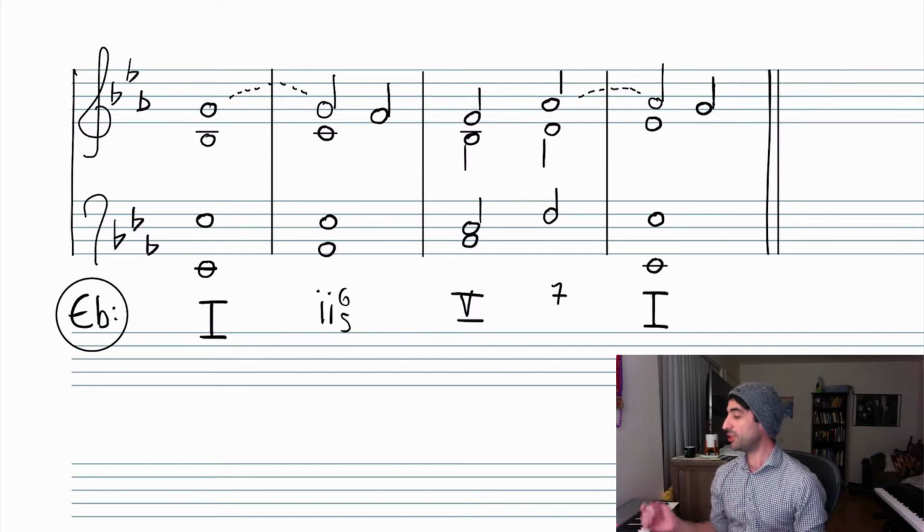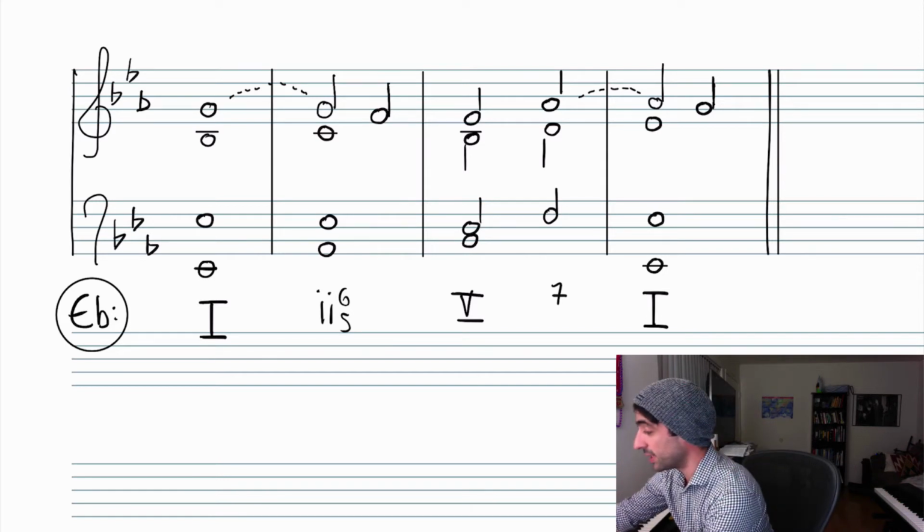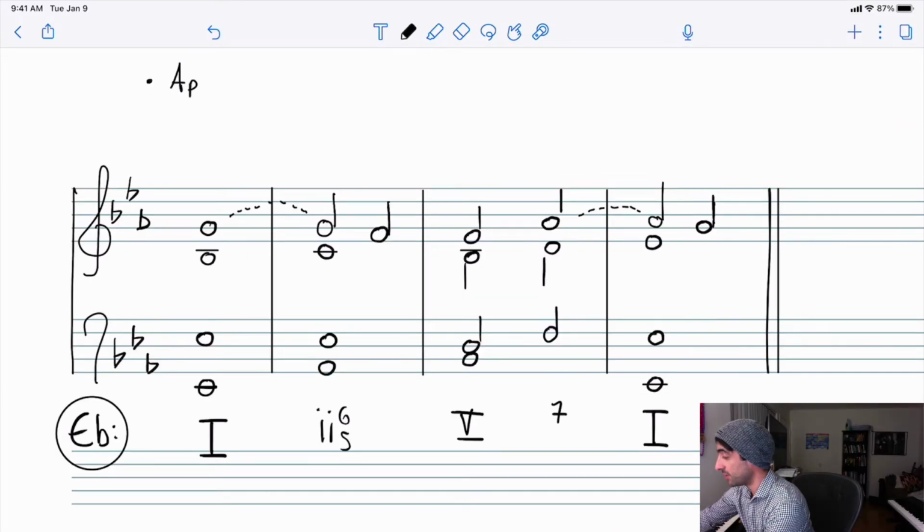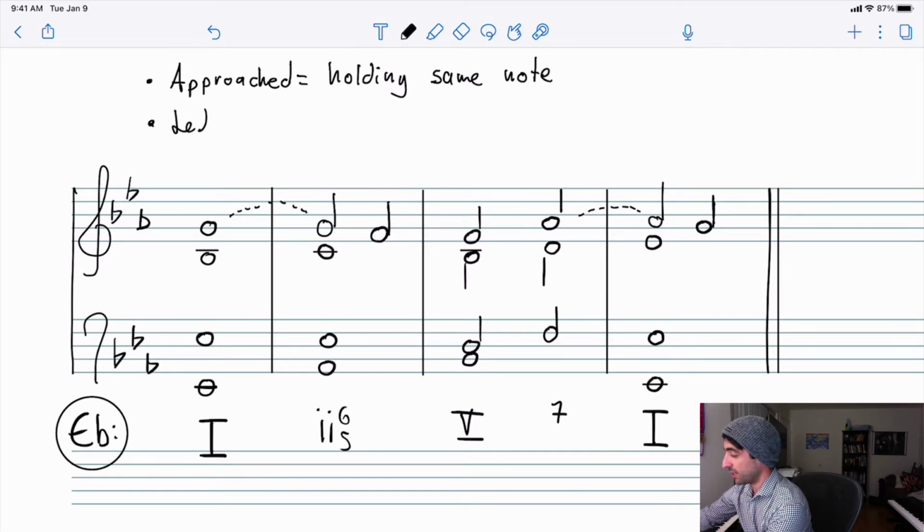A suspension is a non-chord tone that is, let me write it down, approached by holding the same note. And then we also said that we can define them by how they're left.